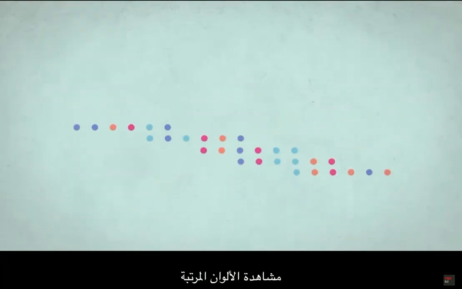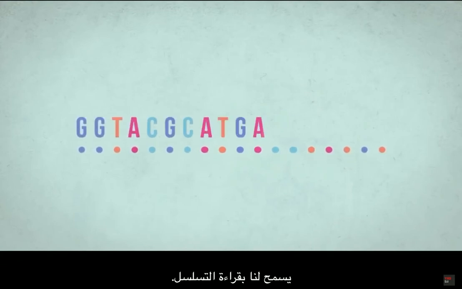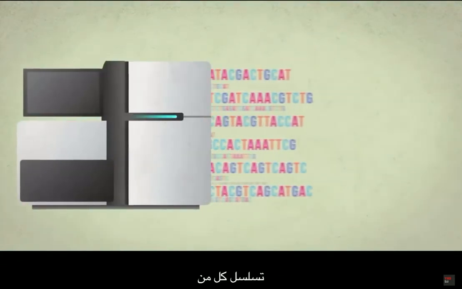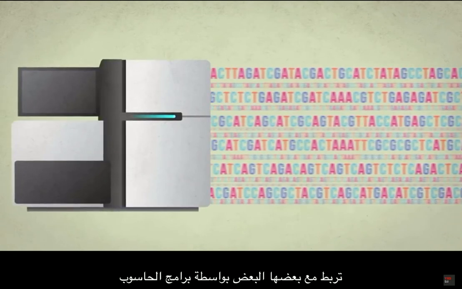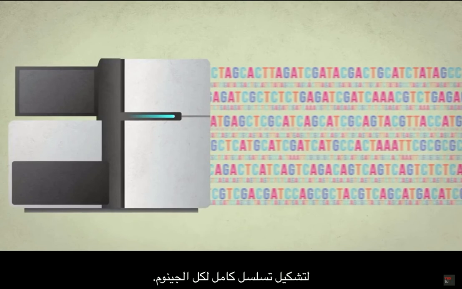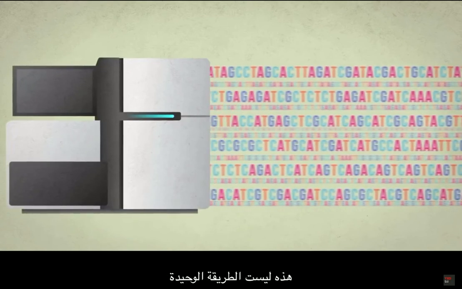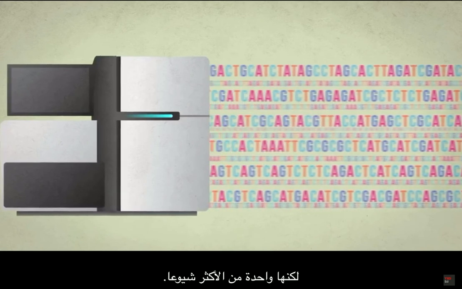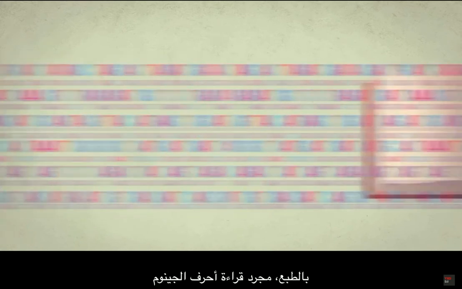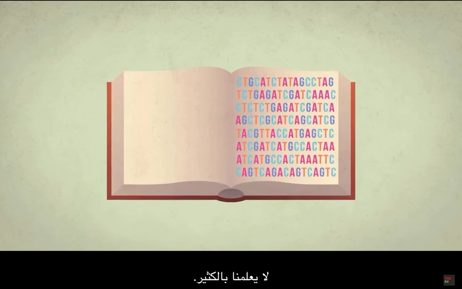Seeing the order of the colors allows us to read the sequence. The sequences of each of these millions of pieces of DNA are stitched together using computer programs to create a complete sequence of the entire genome. This isn't the only way to read the letter sequences of pieces of DNA, but it's one of the most common.